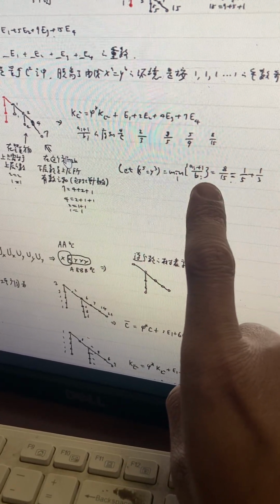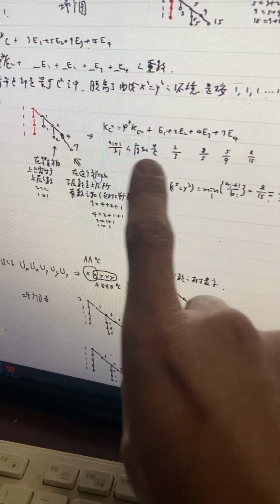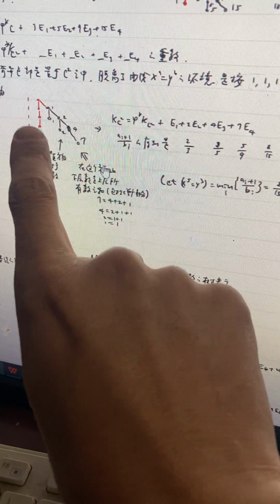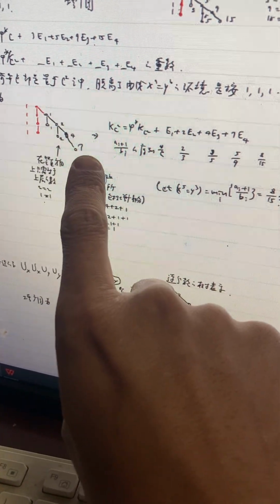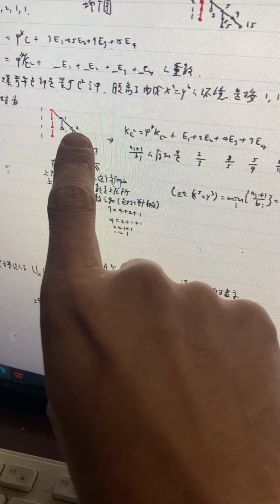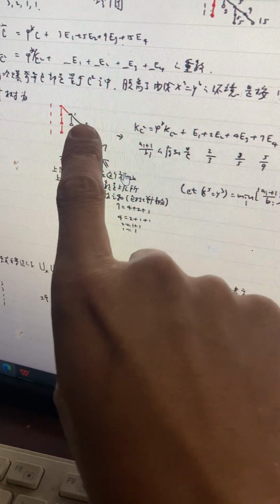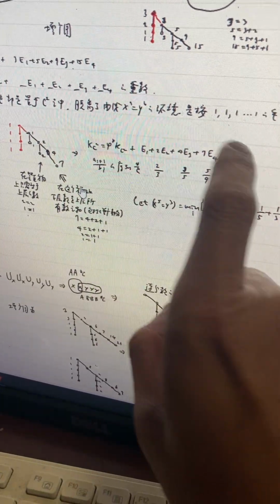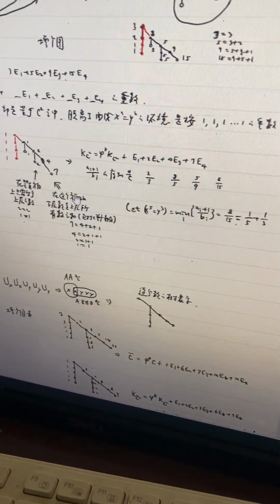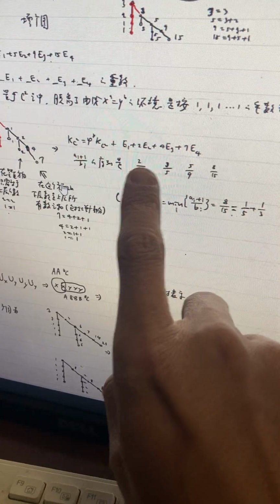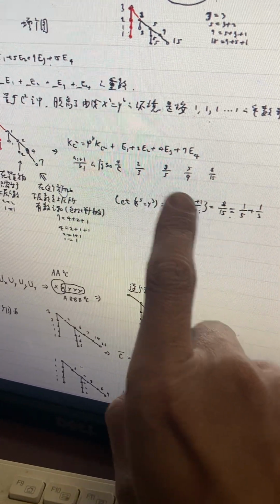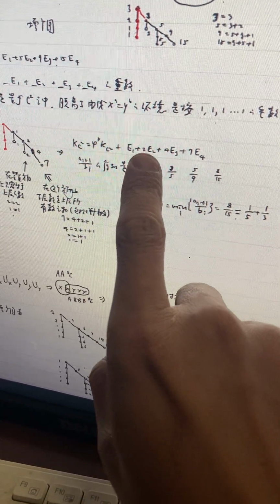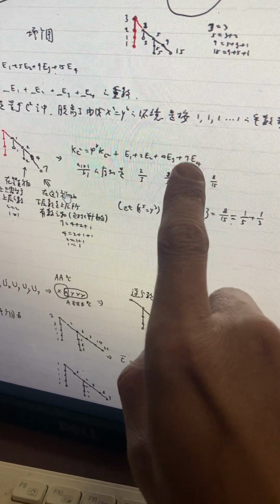So how to do it? Because it's 1, 1, 1, I can get 1, 2, 4, 7. The calculation is not hard. So here 2 plus 1, 3, 5, 8.